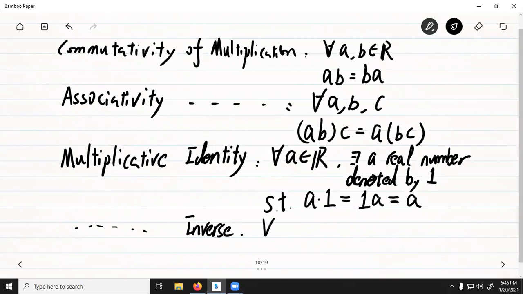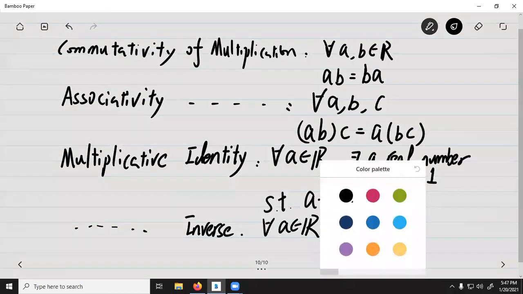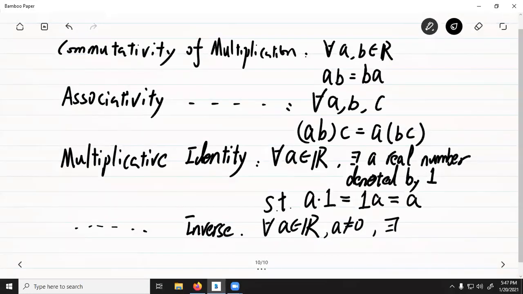For any real number A, where A is not 0, not the additive identity, there exists B in the set R such that A times B is equal to the multiplicative identity.